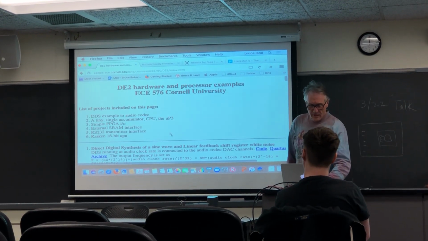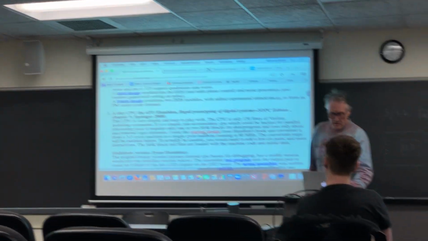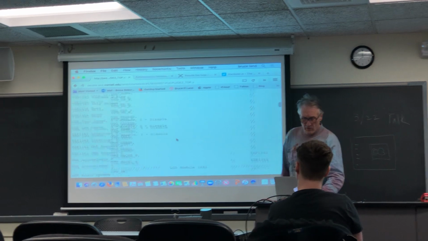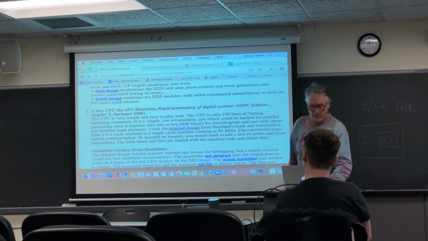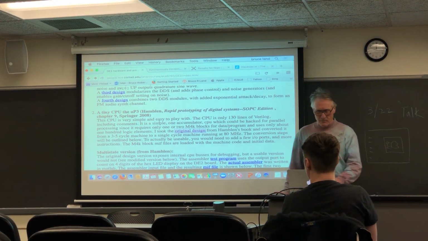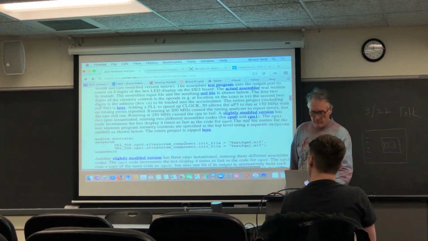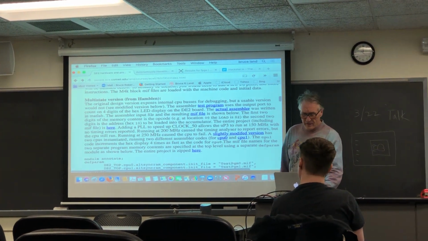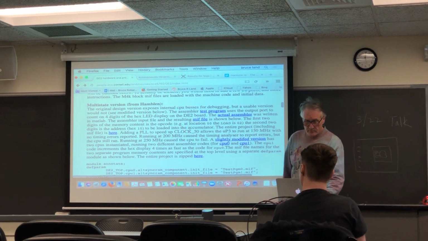Hardware and processor examples. The shortest processor is 2 pages of Verilog. It's not very high performance, but it's easy to get running. I modified it slightly, and I wrote an assembler for it.